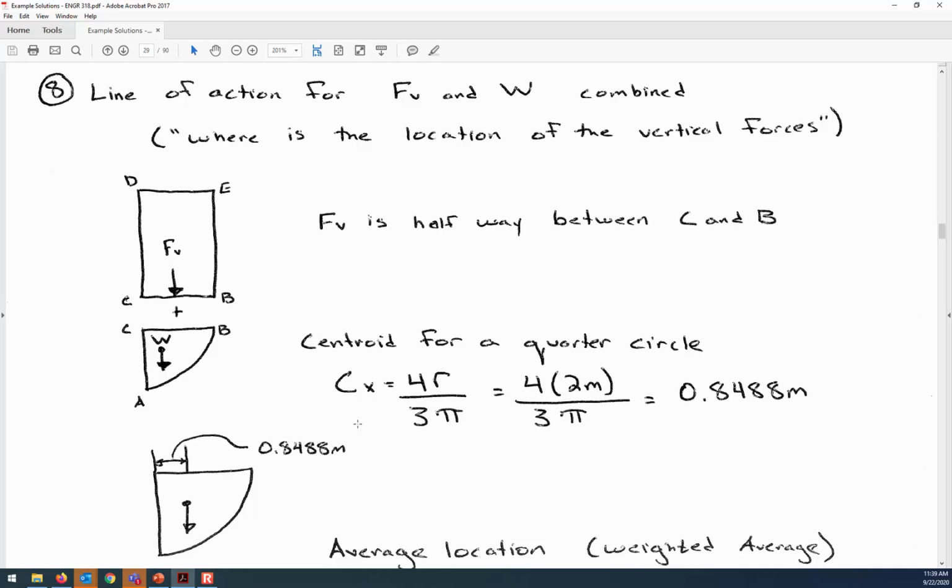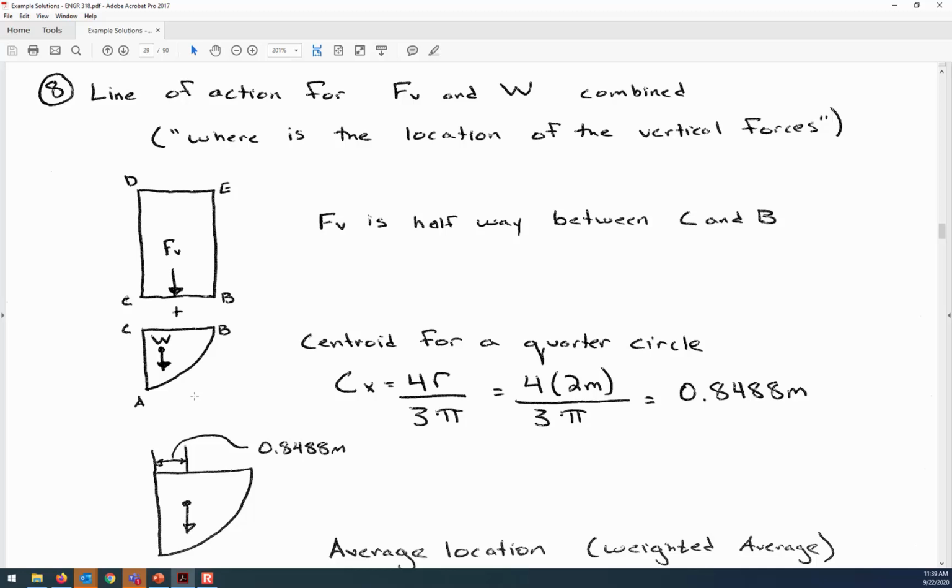So it makes sense that it would be less than 1, because 1 is what you get if it's a rectangle. But we are missing some of the area on the right side, and because of that missing area, that shifts the location of W over to the left a bit. So it's not quite to the 1 meter mark where that force is applied. So the point of application of W is 0.8488 meters.